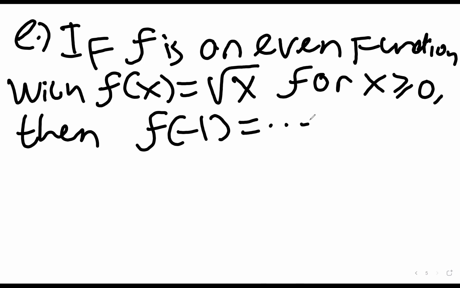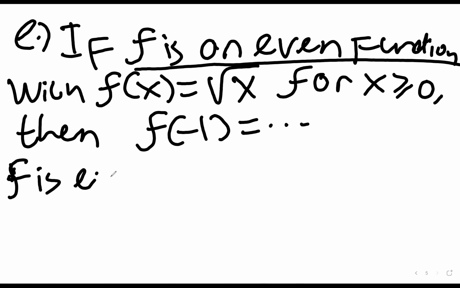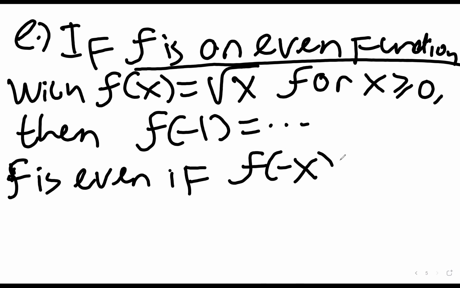Let us first recall the meaning of the even function. So f is even if f of minus x equals to f of x. You can think the example of this is like x squared or minus x squared. Geometrically, the graph of an even function is symmetric with respect to the y-axis.